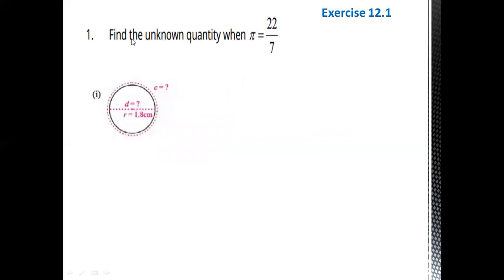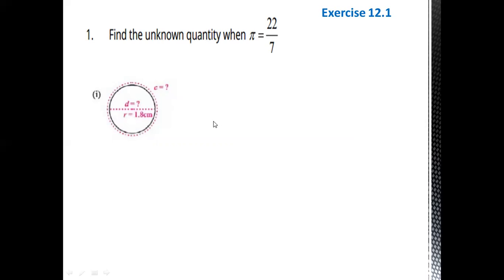Here you have given find the unknown quantity, means that the unknown value when pi is equal to 22 over 7. So two values are unknown. Look at this figure. Radius is given 1.8 centimeter, diameter is missing and circumference is missing. You know the formula of diameter.